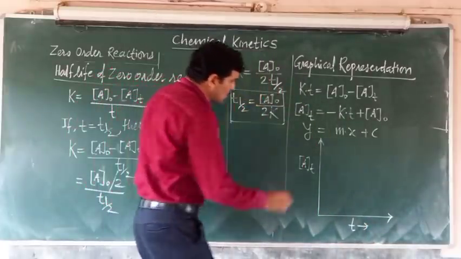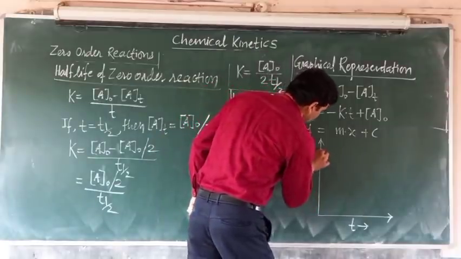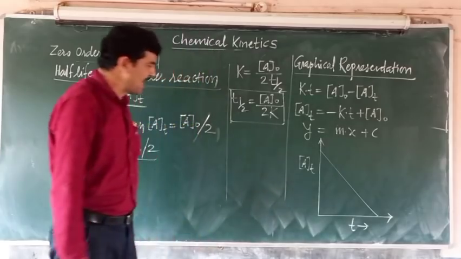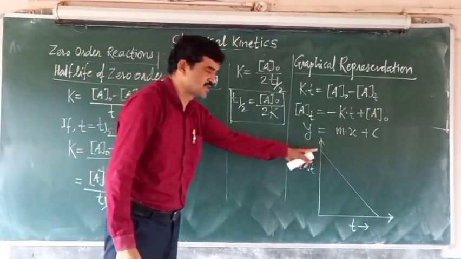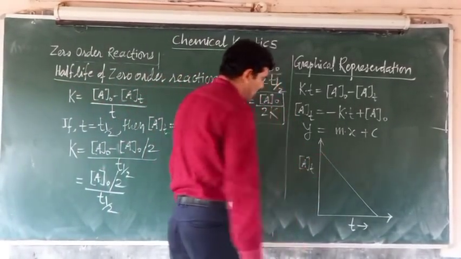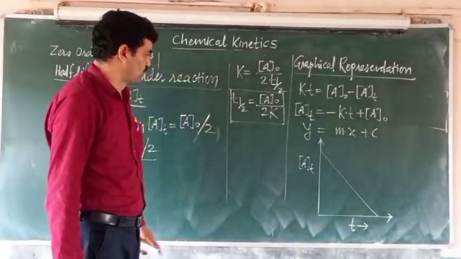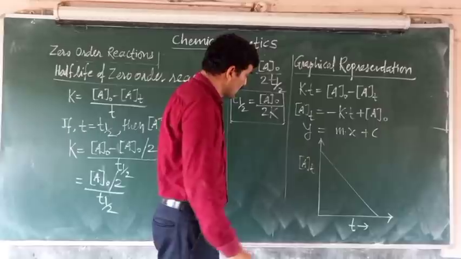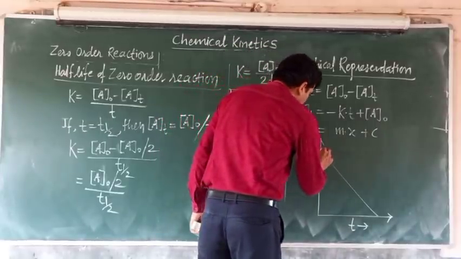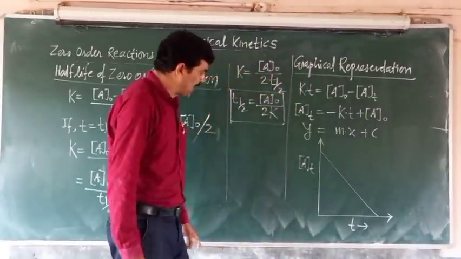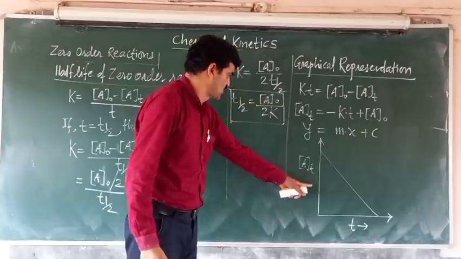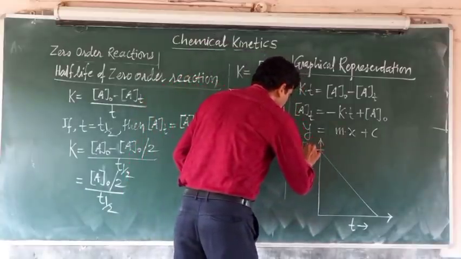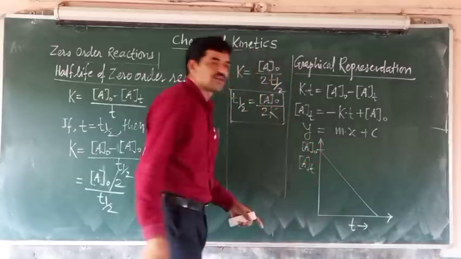When the graph is plotted between At and t, we get a straight line with a negative slope, which makes an intercept with the y-axis. The intercept made by this line with the y-axis is equal to A0, that is the initial concentration.